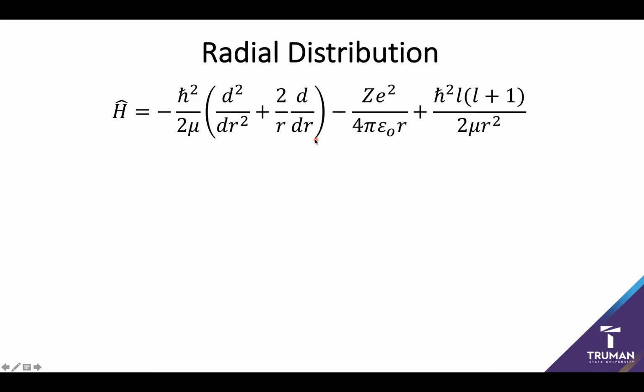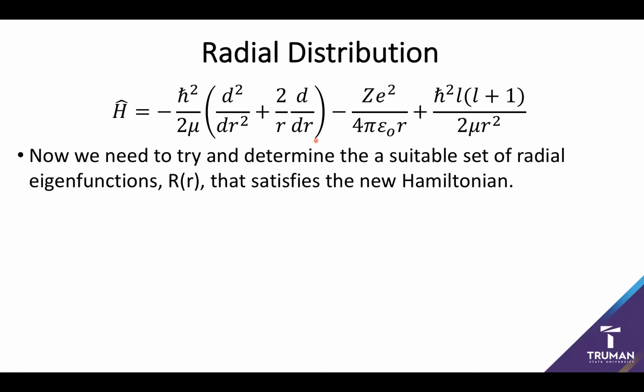However, if you remember, the real reason we love a good Hamiltonian is it helps us generate a set of eigenfunctions. So now we need to figure out what are going to be some potential eigenfunctions for this new Hamiltonian. You may first notice that these first two terms are going to be pretty much invariant depending upon the angular momentum.